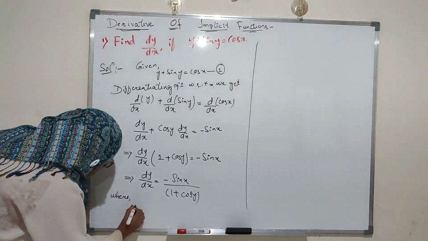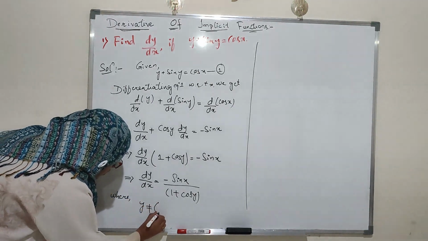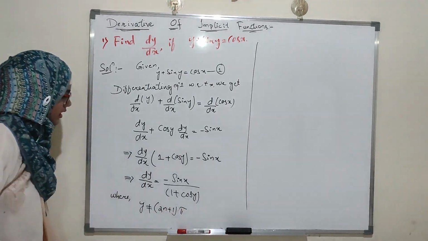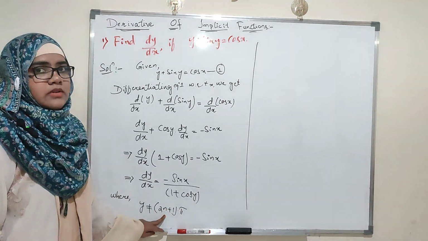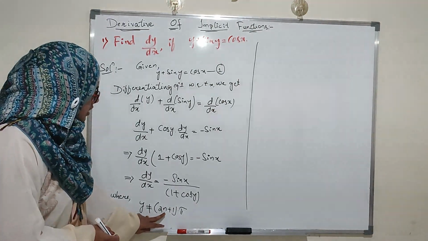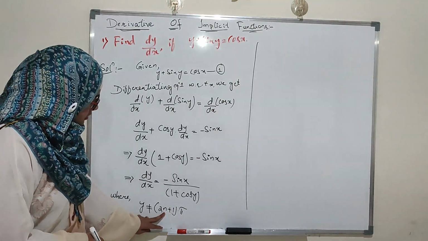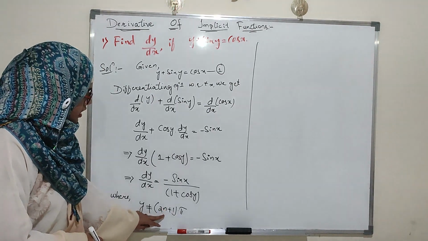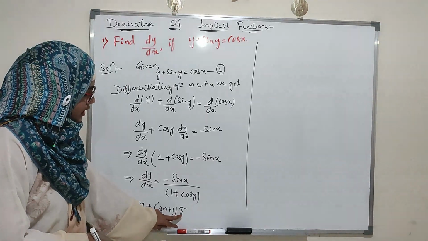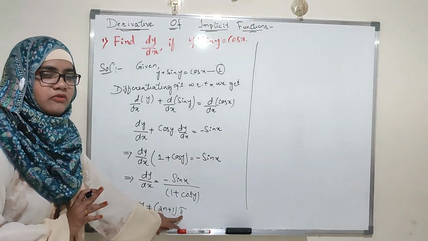Here there is one condition: y should not equal (2n plus 1) into pi. Why are we taking this? Suppose n is 0. We can change the n value as 0, 1, 2, 3. If n is 0, then 2 into 0 is 0, plus 1 is 1, so 1 into pi, an odd multiple of pi.